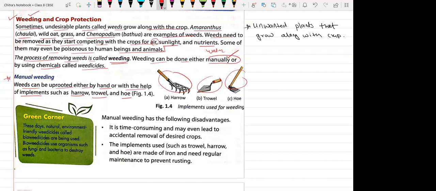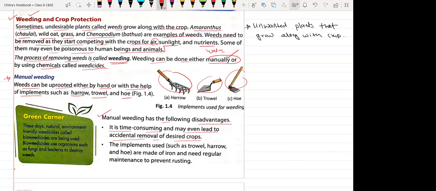The manual weeding has the following disadvantages. It is time consuming and may even lead to accidental removal of the desired crop also.